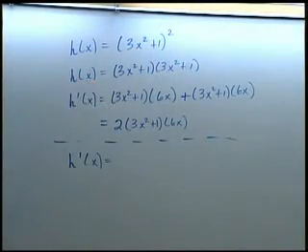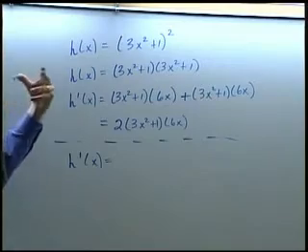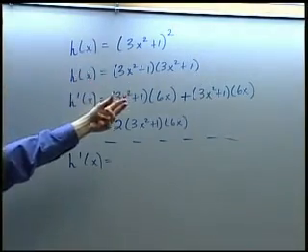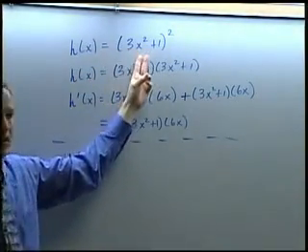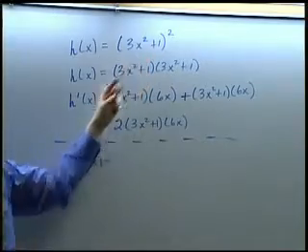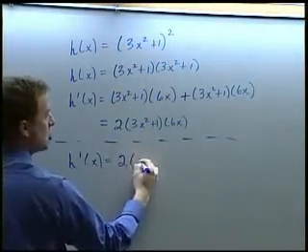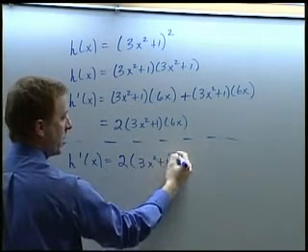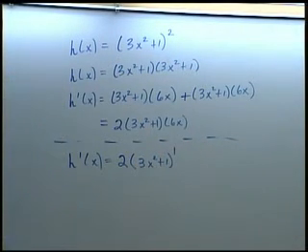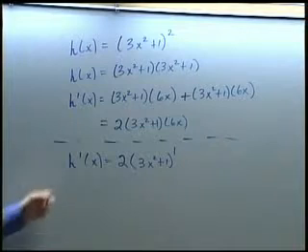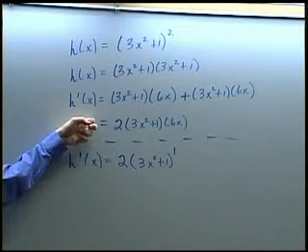We bring the 2 out in front, and we rewrite it as x to the first. Let's try that with this, even though this isn't just an x. What if I bring the 2 out in front, and then just rewrite this as 3x squared plus 1 to the first?